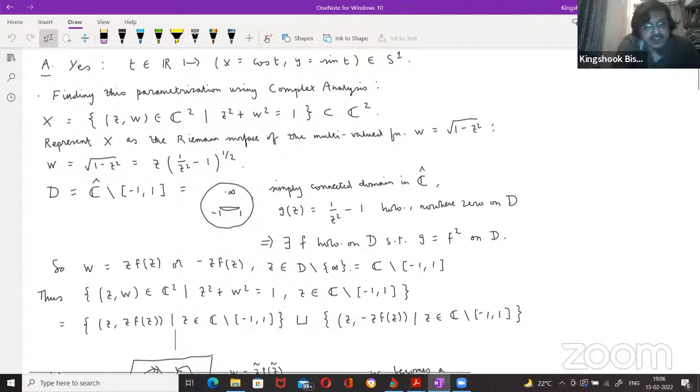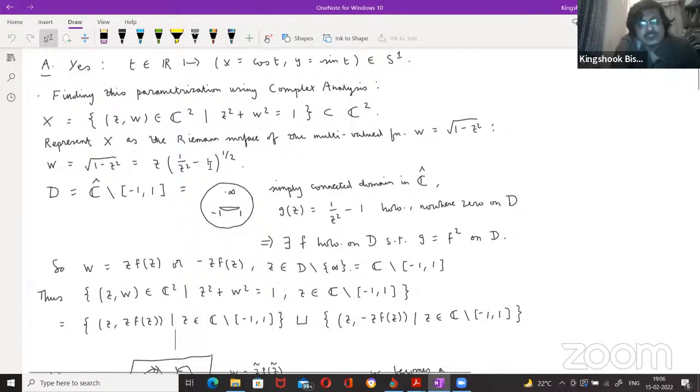Let's look at this function, w equal to the square root of 1 minus z squared. If I factor out z squared, then the z squared comes out of the square root. I can write this as z times the square root of 1 over z squared minus 1. Now, finding the square root boils down to finding the square root of this function, 1 over z squared minus 1.